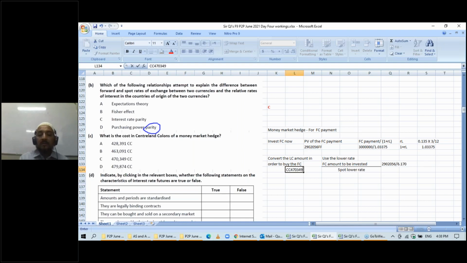Okay, now this amount 470,349, the local currency amount, will have to be borrowed. We will borrow it and then convert it into the foreign currency and then invest it into the bank account. Okay, so now the next step is borrow.